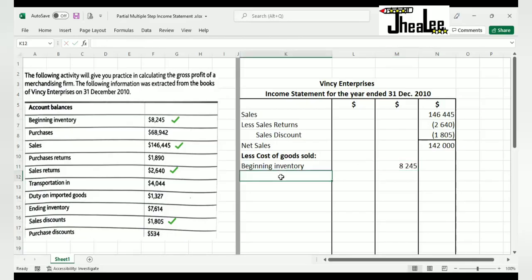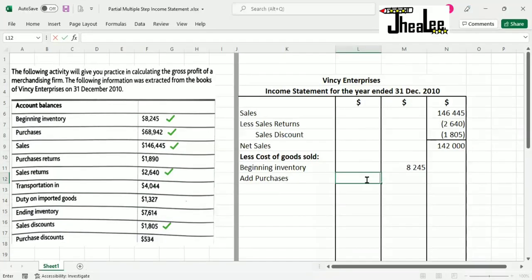Your next step is to add purchases. And our purchases figure coming from the list of balances is $68,942. So that is 68942.